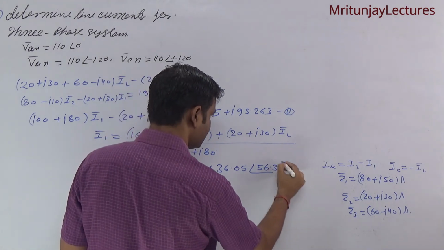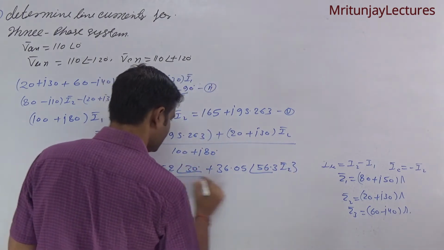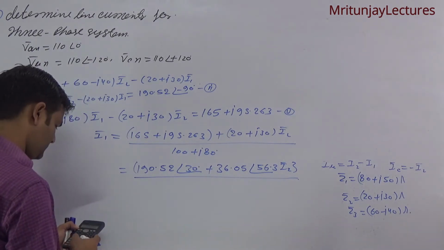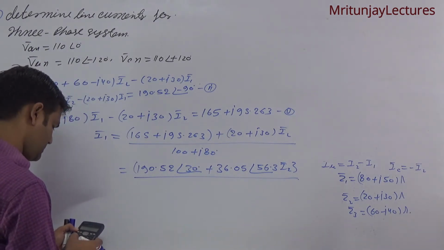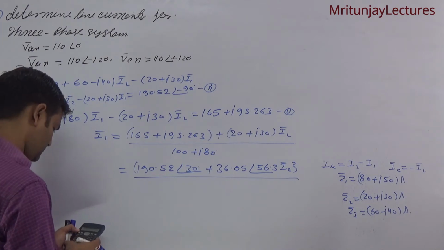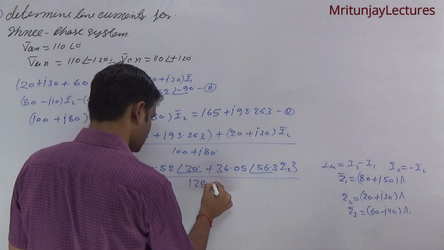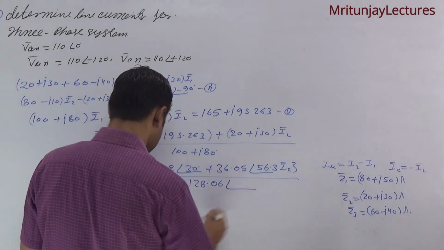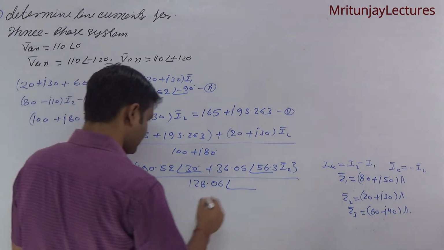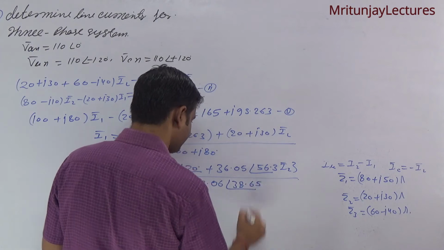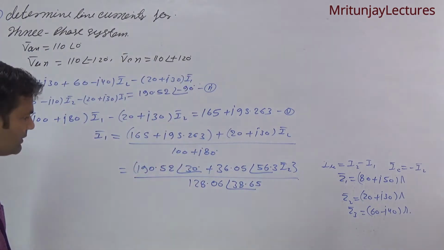This is I2, divided by 100 plus j80, if converted, then it's 128.06 at the angle 38.65.